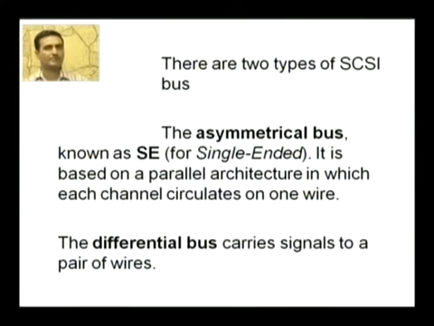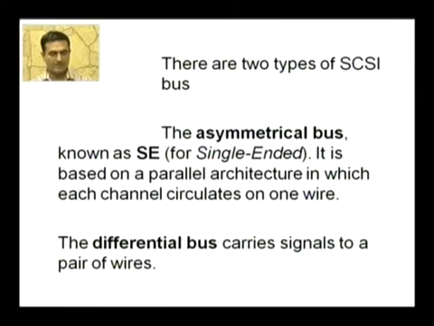There are two types of SCSI buses. The first one is the asymmetrical bus and the second one is the differential bus. Asymmetrical buses are also known as single-ended or SE. It is based on a parallel architecture in which each channel circulates on one wire.